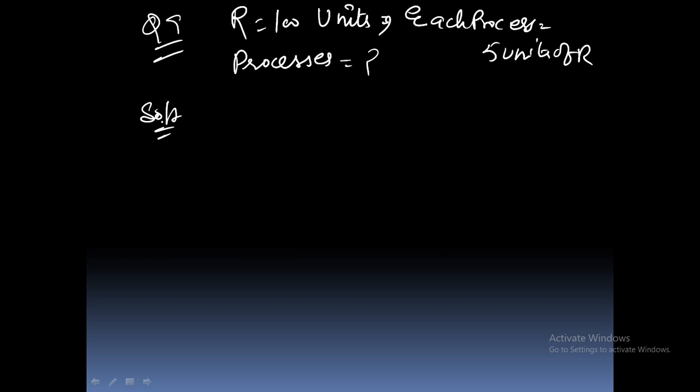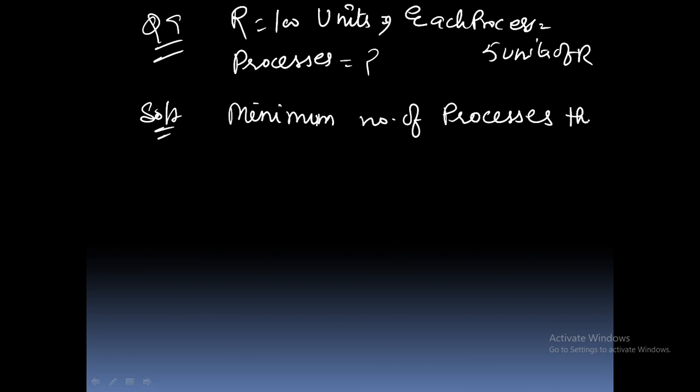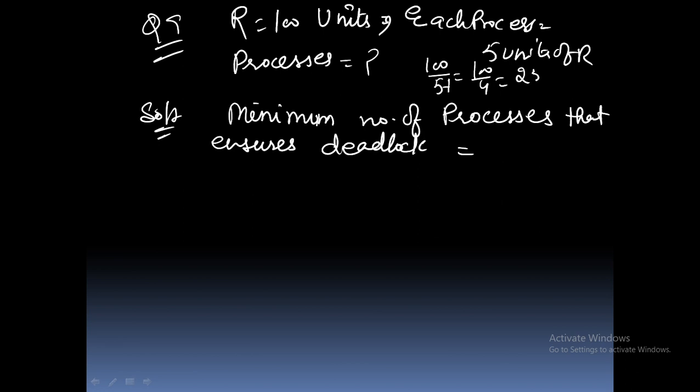In this question, first of all, the minimum number of processes that ensures deadlock is 100 divided by 5 minus 1, that is 100 divided by 4, 25.